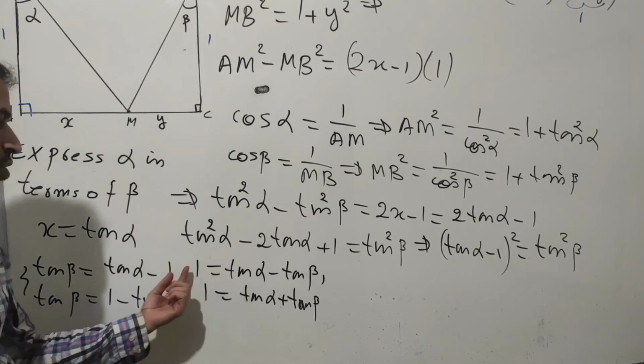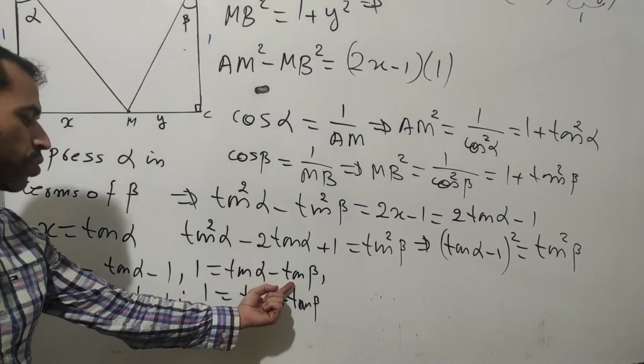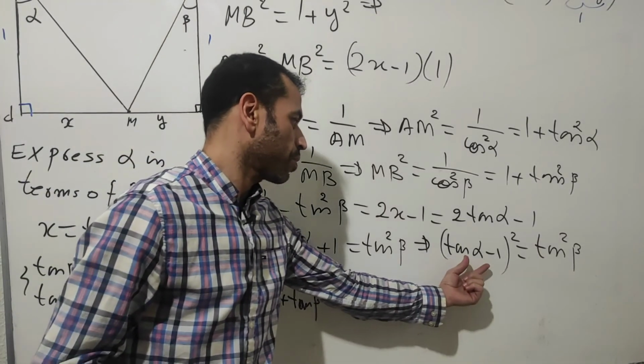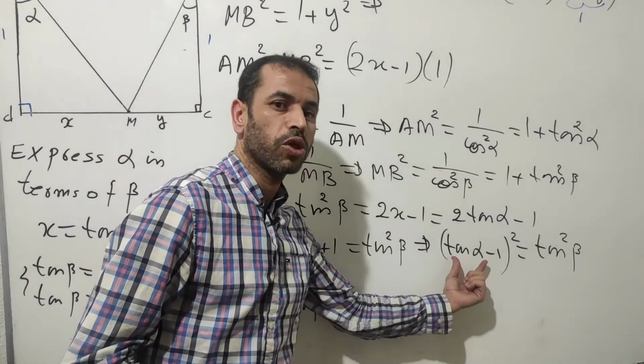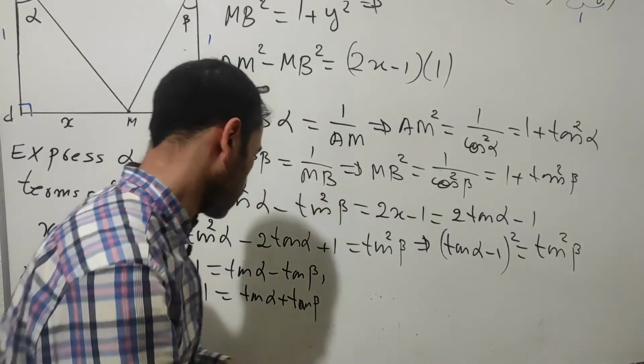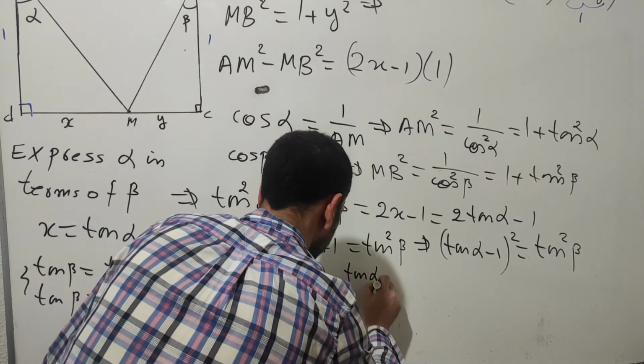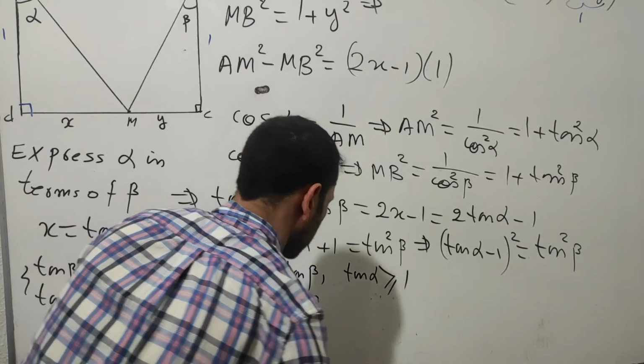In the first case the difference equals 1, which means tangent alpha is bigger than tangent beta. Also, since tangent alpha minus 1 is positive, tangent alpha is bigger than 1.